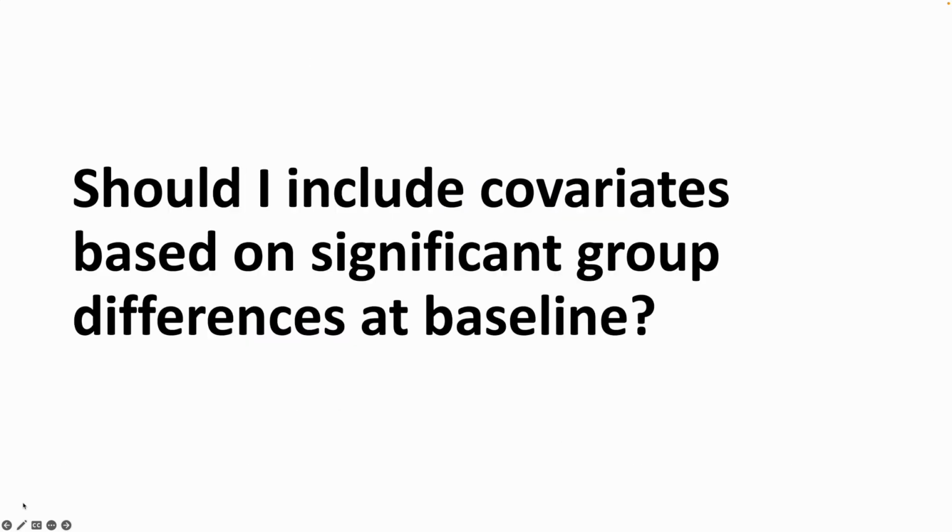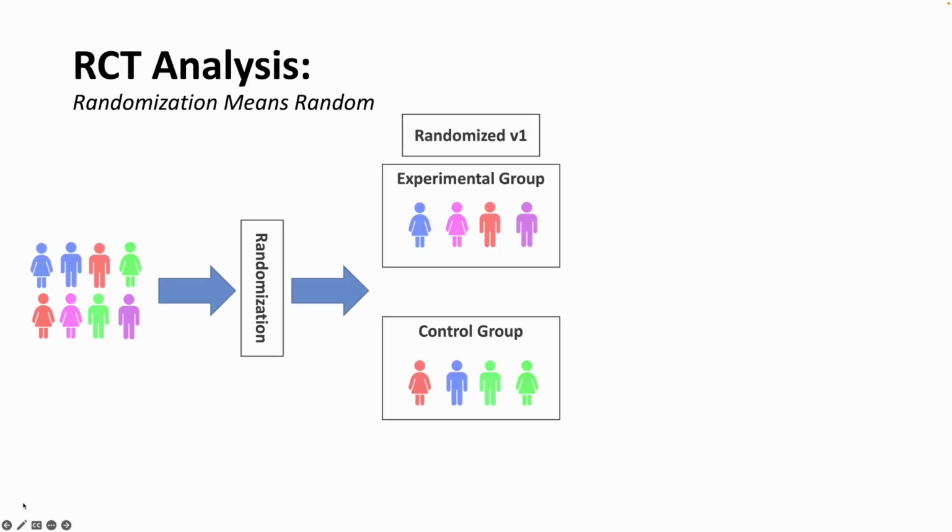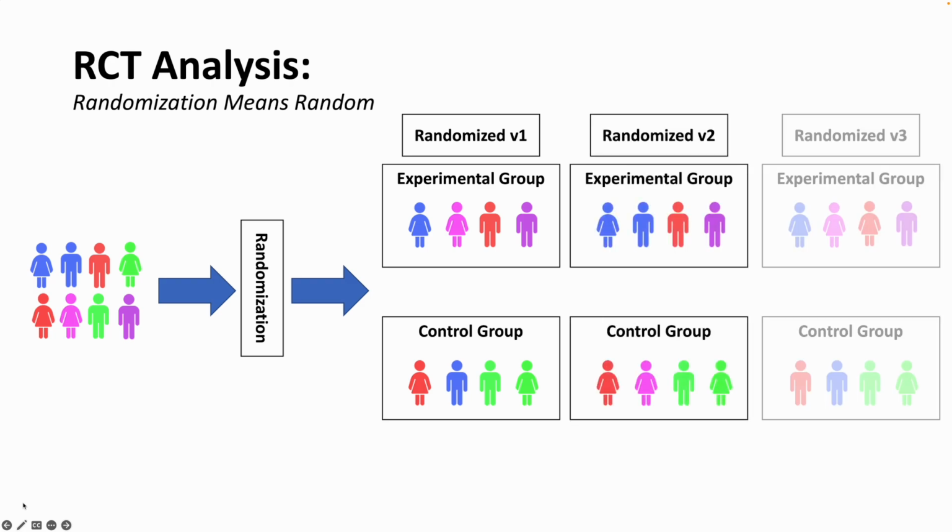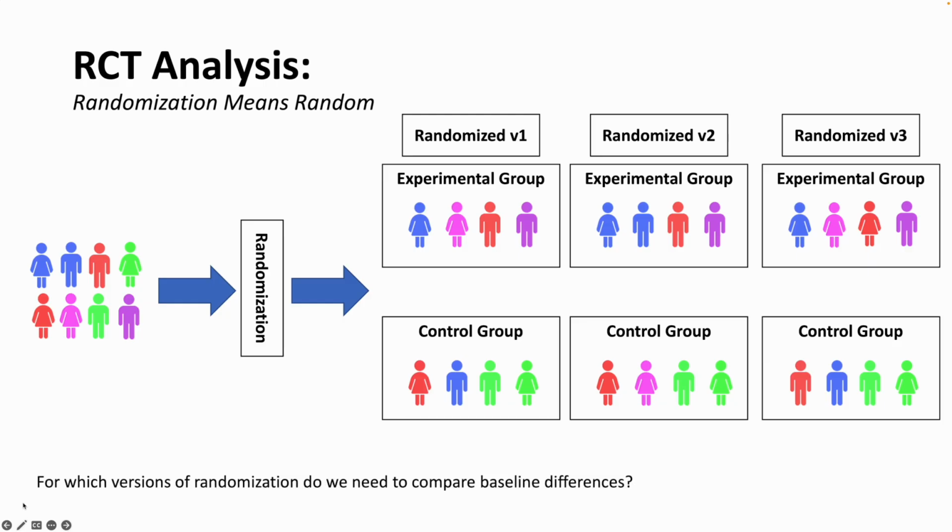So should I include covariates based on significant group differences at baseline? Short answer is no. In terms of randomization, what that means is that randomization is purely random. So any assignment that occurs through randomization is just going to be due to random chance. And this is a good example of this.